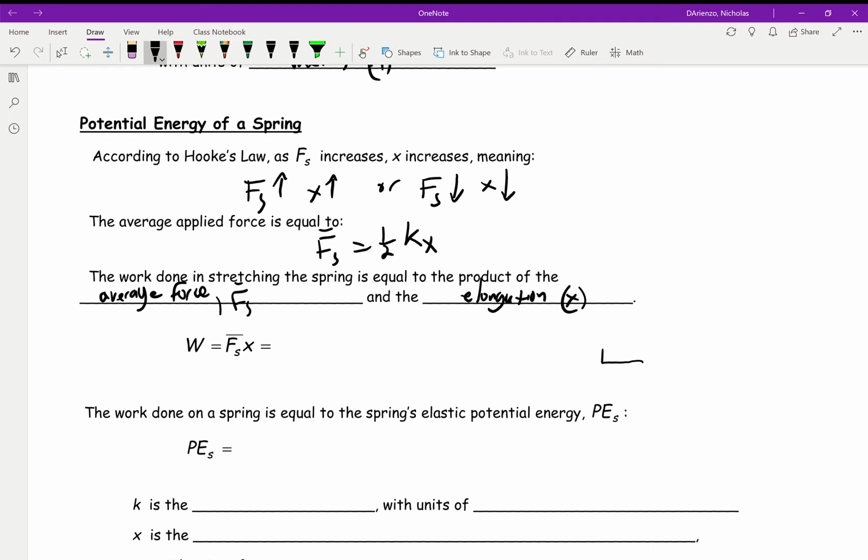So if you think of the spring, if this is equilibrium, we can compress it, let's call that a negative displacement, or we can elongate it, which would be a positive displacement. Either way, it's a shift from its equilibrium position.